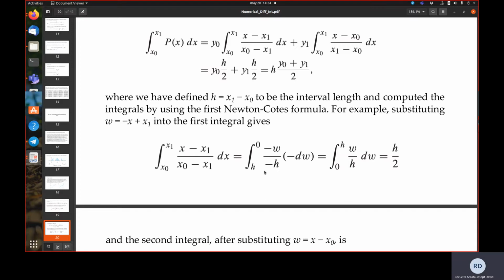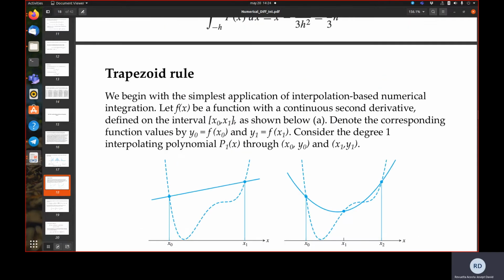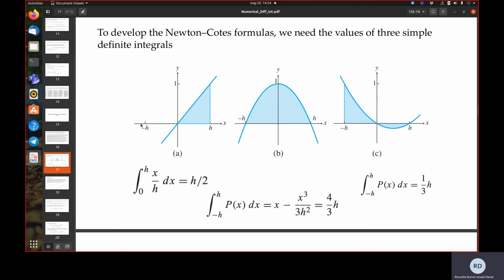So we assume that this is going to be minus w, which is equal to x1 minus x, in this case, sorry, x minus xi, which is the formula. This is going to be the integration, and then this is going to be x1 minus x0, which is already defined here, and the integration is negative because we are inverting the sign of this integration.